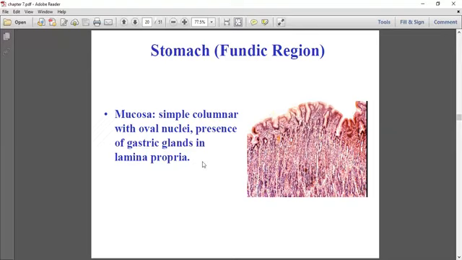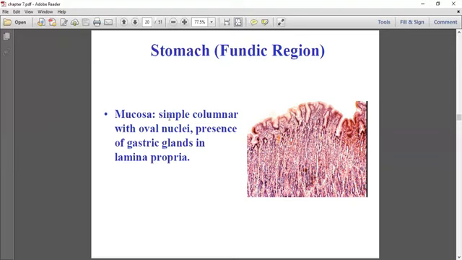The fundus or fundic region. All these are the glandular part that is impregnated within the lamina propria, as well as the initial part of the submucosa.